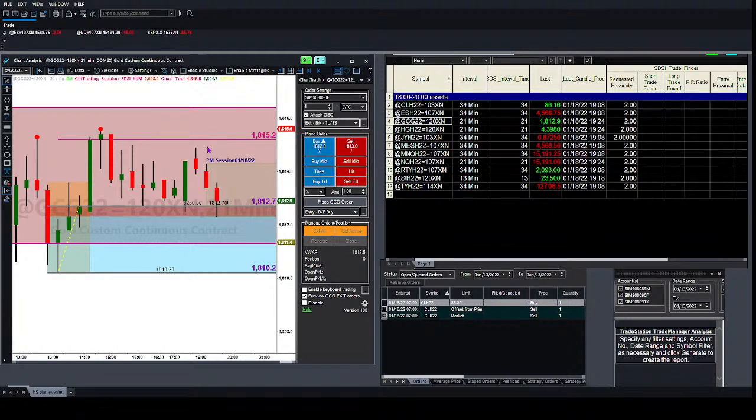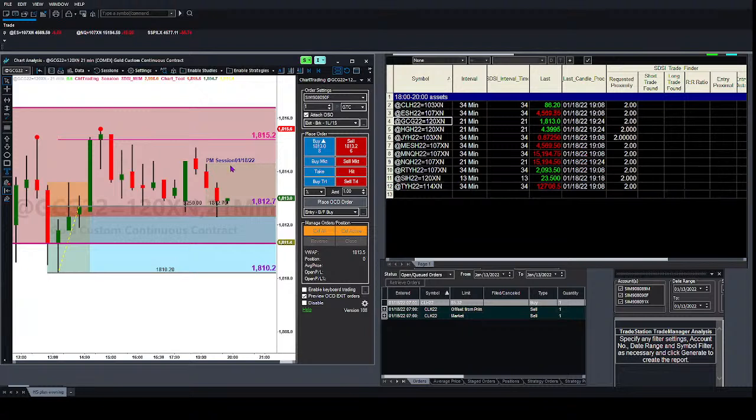Remember, I'm set on local time, which is 1903, and the session started at what would have been 1900 local. So this was the first candle that finished printing, and it starts printing after the session starts. That just helps me see where the session started, and that's going to vary based on your interval.